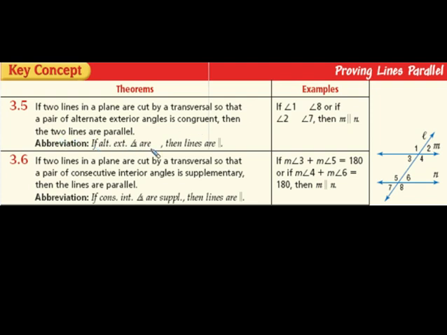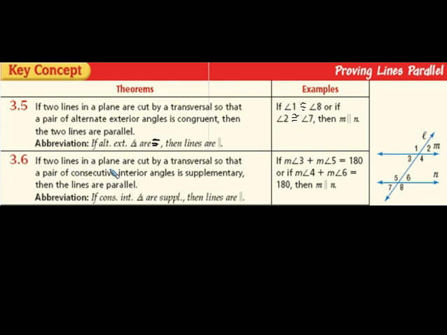If alternate exterior angles are congruent, then the lines are parallel. So if we know that angle 1 is congruent to angle 8, or if angle 2 is congruent to angle 7, then we know here in this picture that line M and N are parallel.